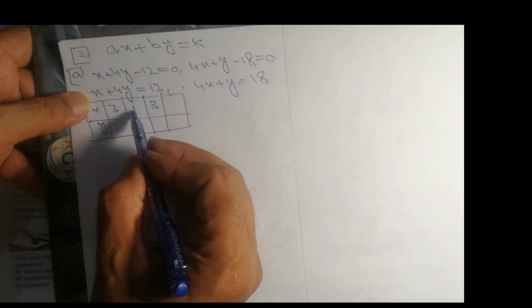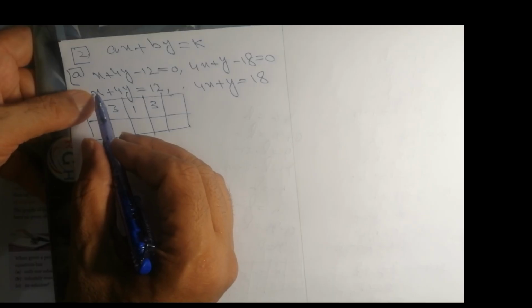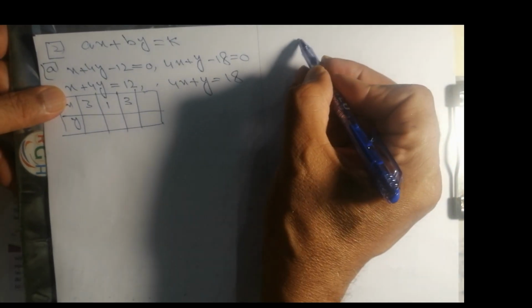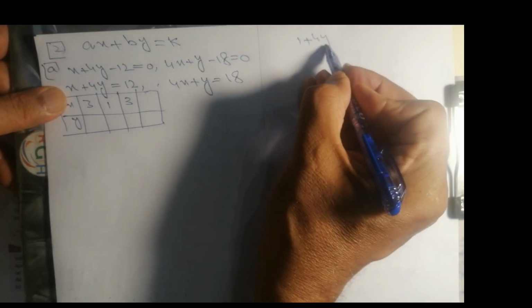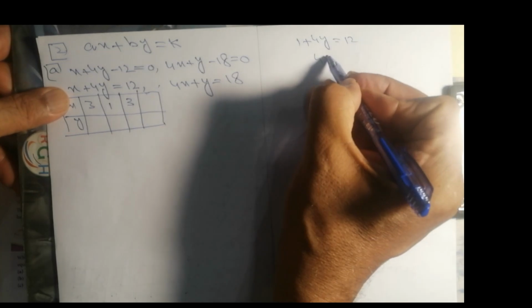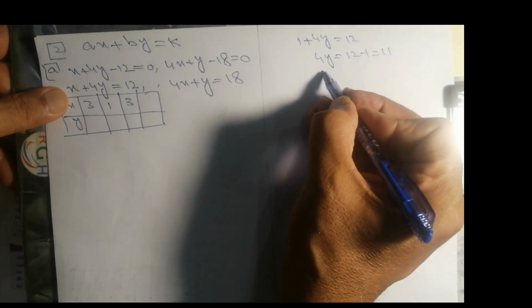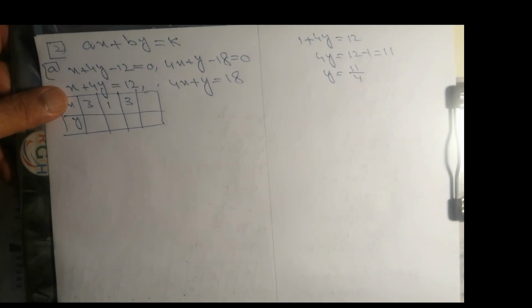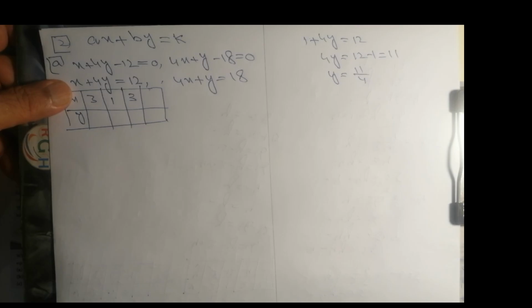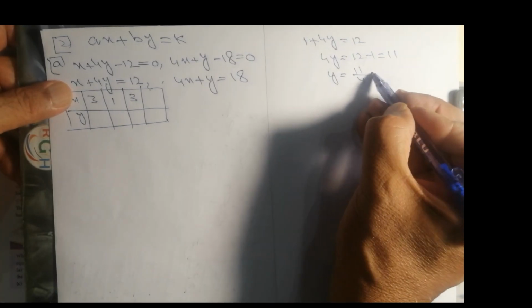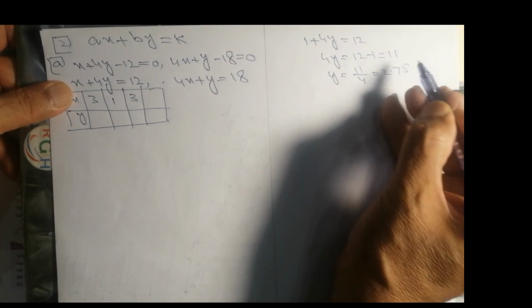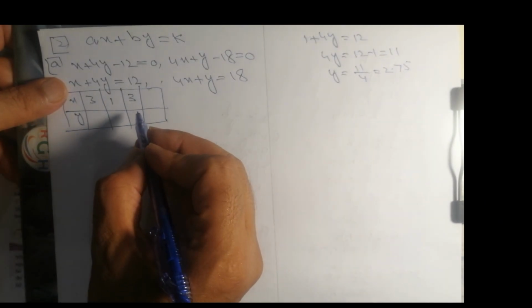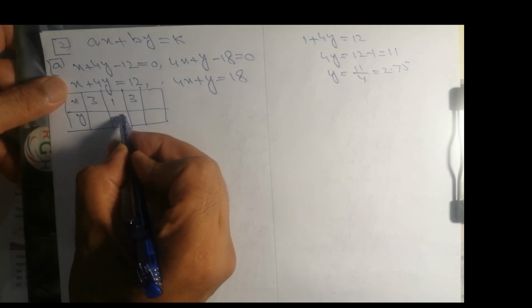If we take the value of x equal to 1, then x equal to 1 plus 4y equal to 12, and 4y equal to 12 minus 1, which is 11, and y will be equal to 11 by 4, or in decimal 11 by 4 is 2.75. Okay, we put this one, this is 2.75.